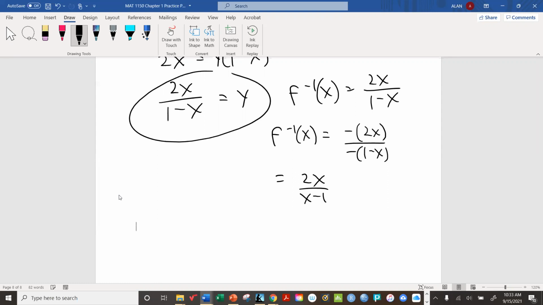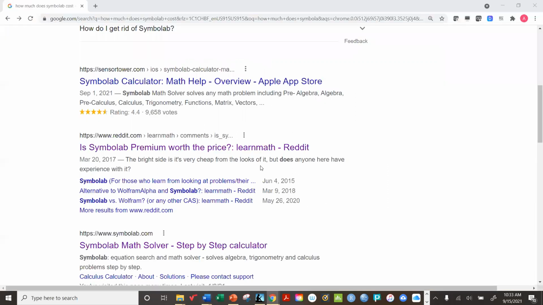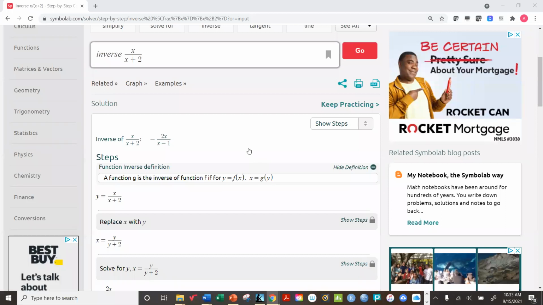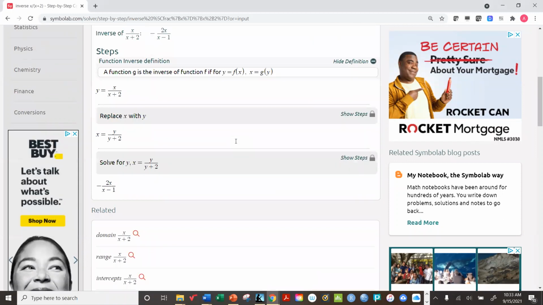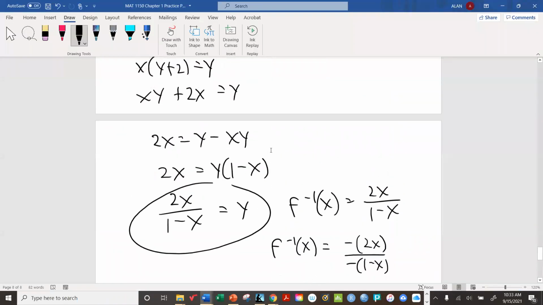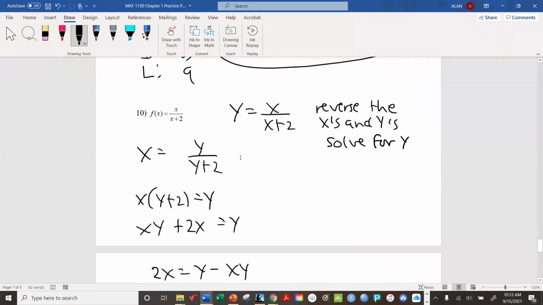is write it like this, it looks like. No, they've got a negative there. Now, what happened? Maybe I made a sign error somewhere along the way. Hold on. X equals y over y plus 2. Okay, here we go.